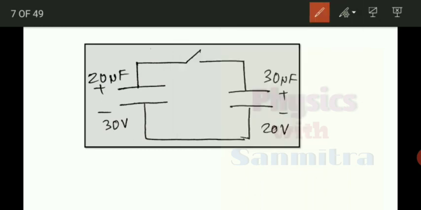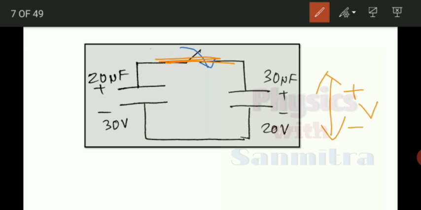I will switch this on. Now these two are in parallel connection. The potentials of these plates were different, but when I connect them with a conducting wire, the potential will become the same. All these will become an equipotential surface, so the net voltage difference will be common.